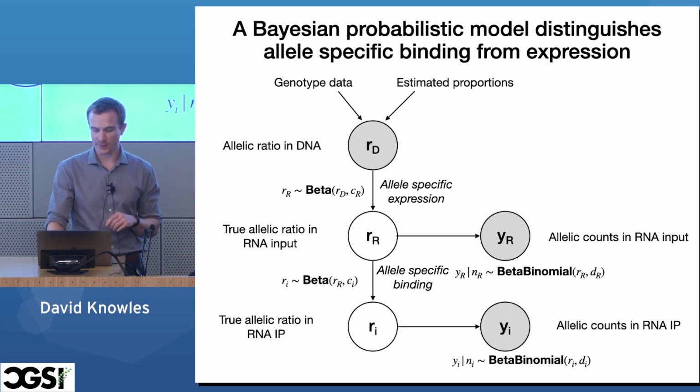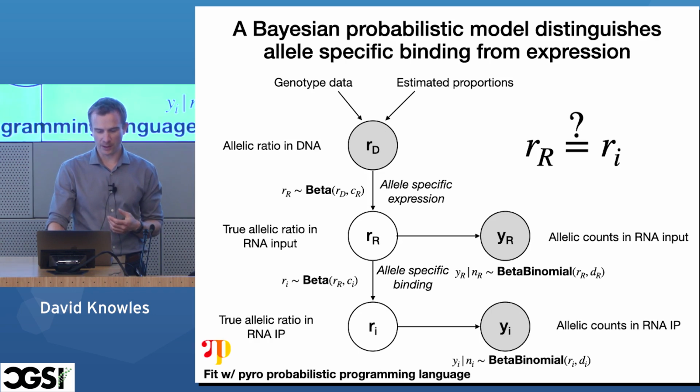Finally, the data that we have that's informative about the allelic ratio in the IP are the allelic counts from the IP. And those we model with a beta binomial distribution with a mean of Ri and another dispersion parameter. This is a reasonably complicated probabilistic model. These dispersion parameters are going to be shared across all SNPs genome-wide. And so fitting this is somewhat challenging.